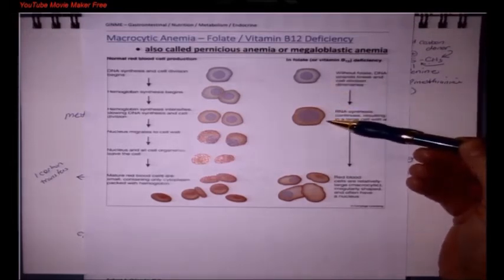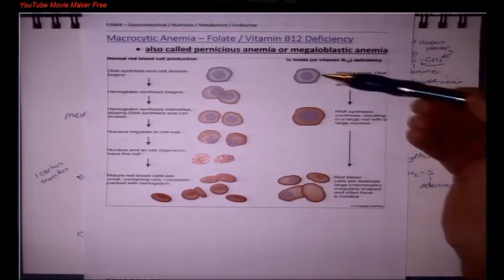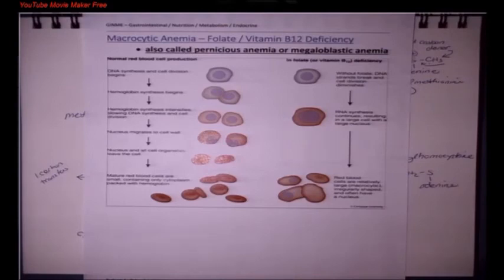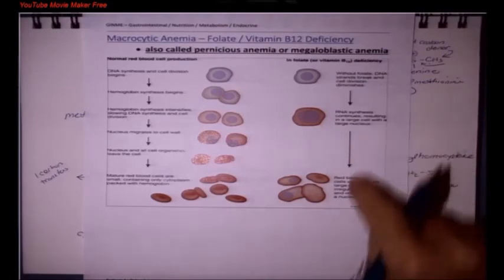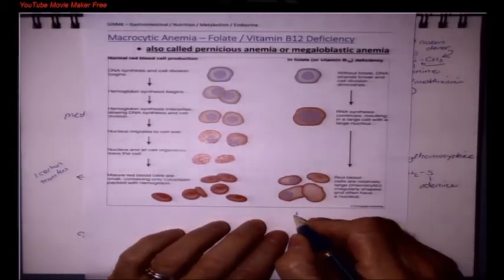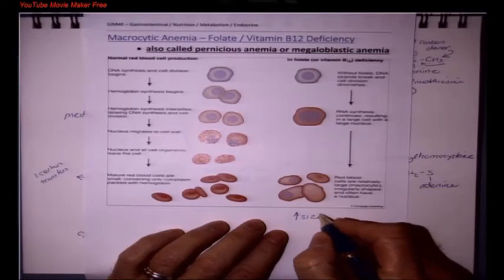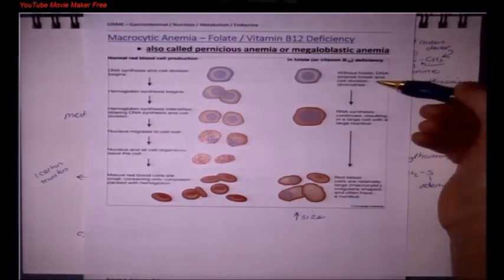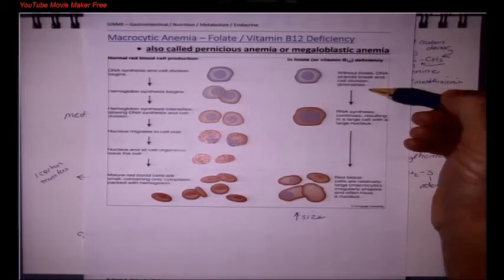We're still going to be making hemoglobin, but what's happening now is that our red blood cells are not dividing and shrinking and becoming that normal size. And so these red blood cells that are put in our circulation are very large. So they have an increase in size because of the compromised DNA synthesis, because of the folate and B12 deficiency.